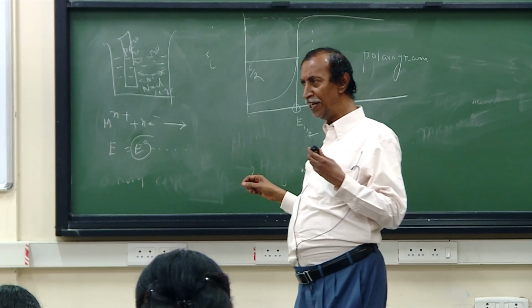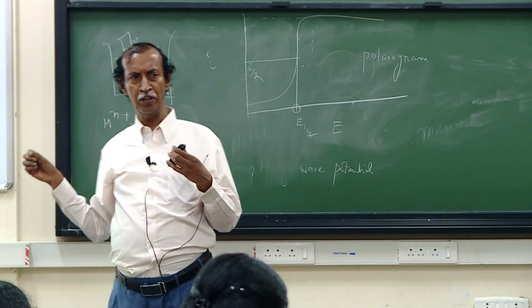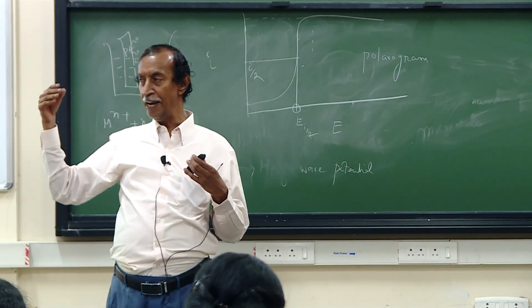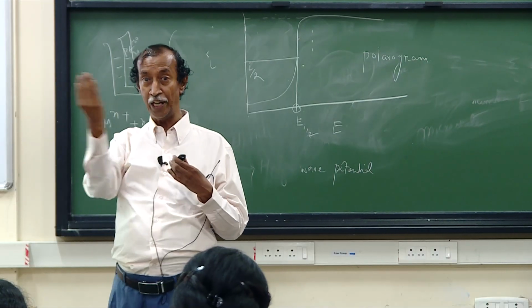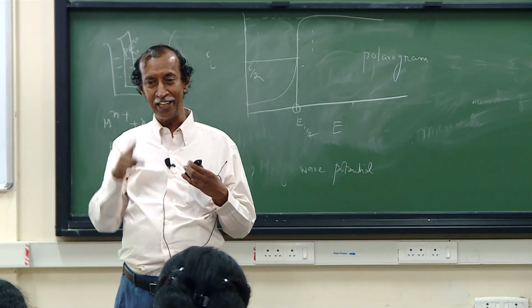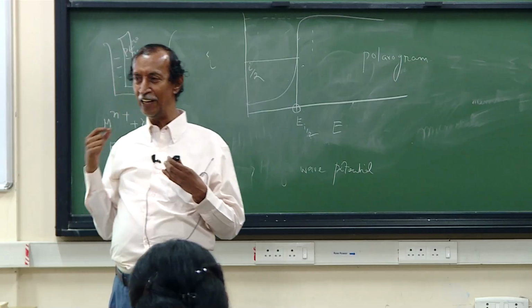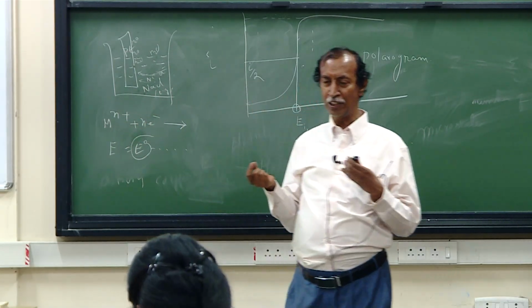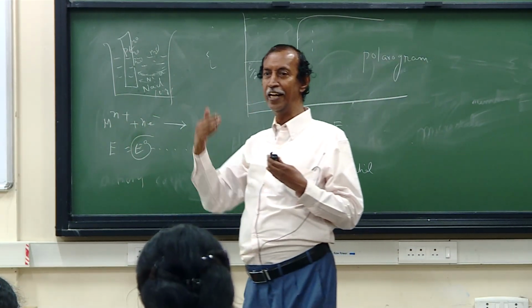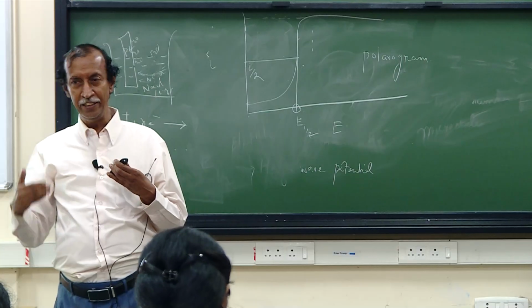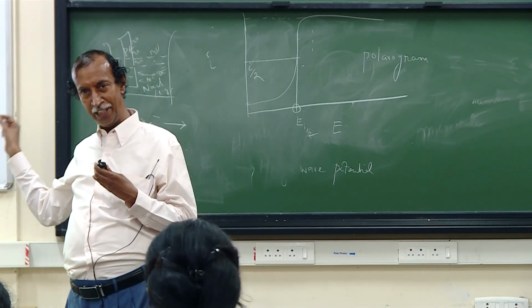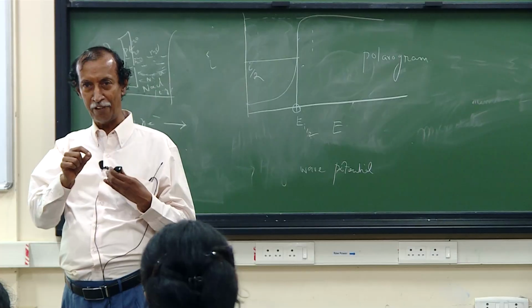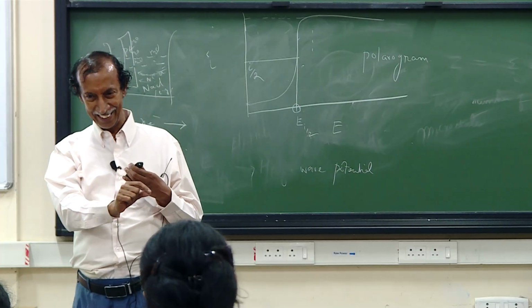Whereas if I want to increase the current to a very high value, and I want the ions to come very fast to the electrode surface, then I rotate the electrode. I can rotate the electrode 1000 rotations per minute, 10,000 rotations per minute in the instrument. So deliberately I can make the ion come to the electrode surface much faster.